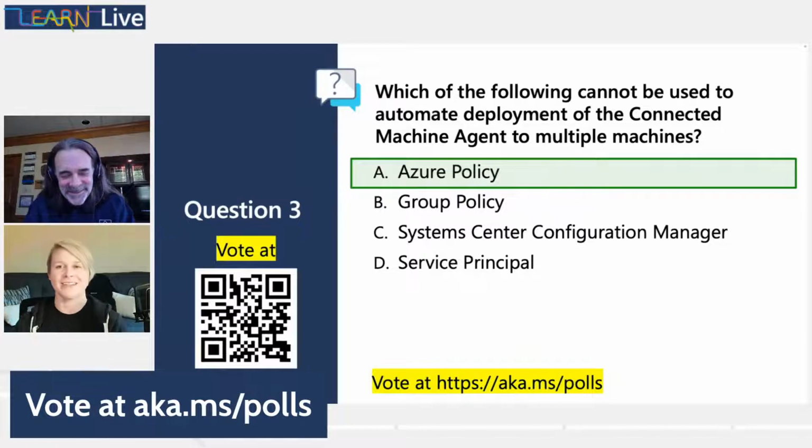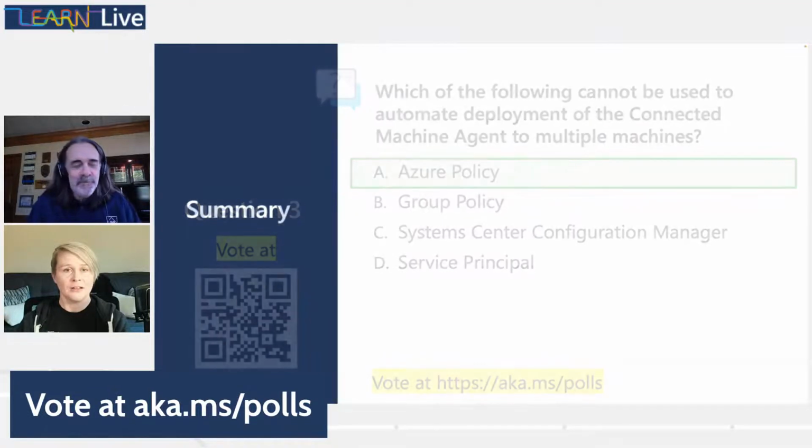Azure Policy. Good job, everyone. Until the machine is in Azure, until it has an Azure Arc object, Policy can't see it. It can't talk to it. That's how we ruled that one out. Fantastic.